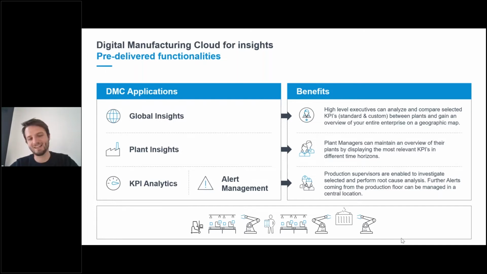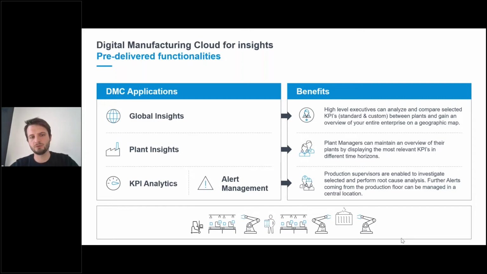Now, as the name implies, Global Insights provides the possibility to look into the high-level situation of your enterprise and your different plants. High-level executives can quickly see their KPIs' current status, but also the historic development. This can be viewed on a centralized dashboard, where you can see all your different plants and also compare them with each other.